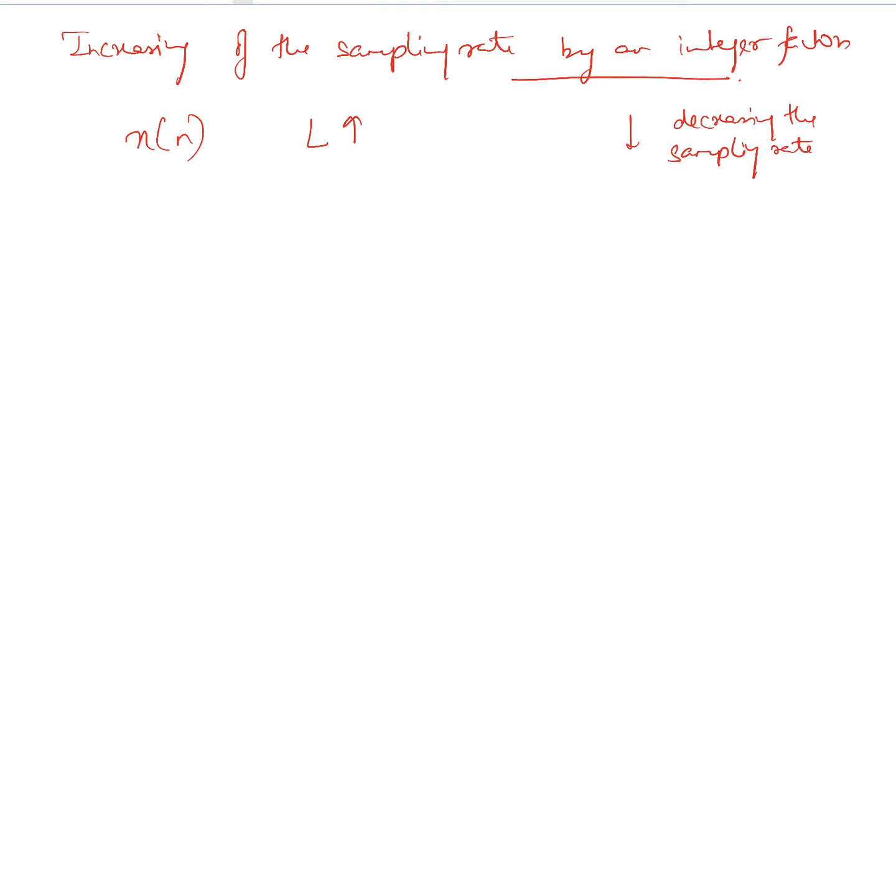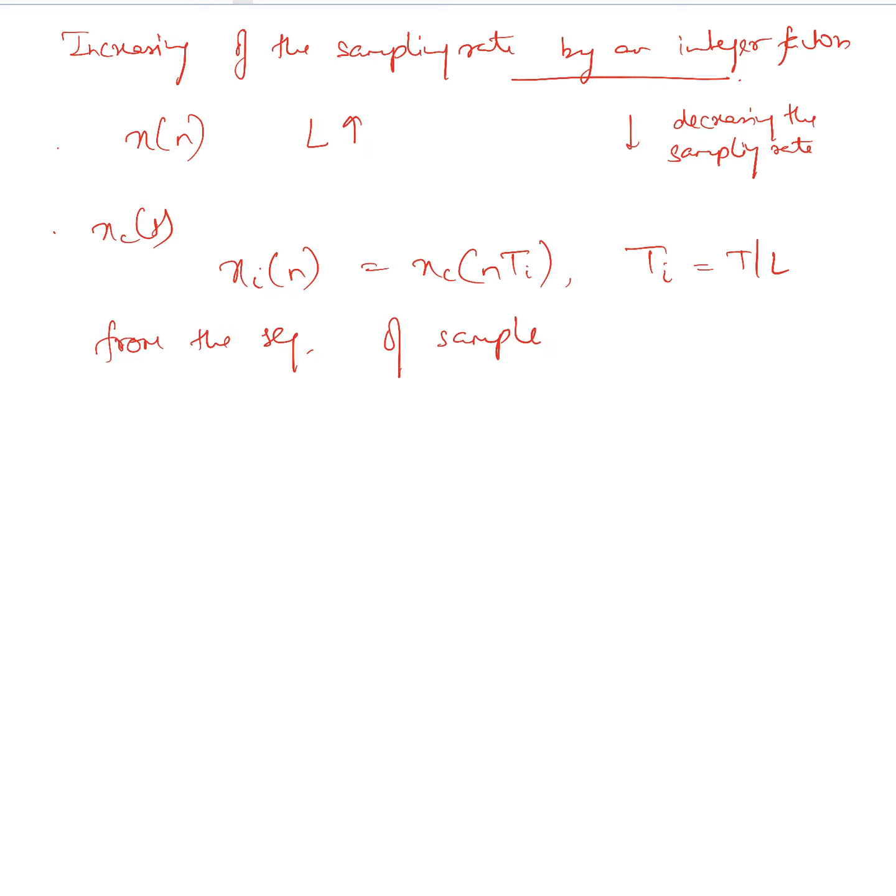If we consider the underlying continuous time signal, let's say xc of t, the objective is to obtain samples, defined as xi of n, I for increasing the sampling rate, where xi of n is equal to xc at n Ti, where Ti is now T by L, because we want to increase the sample rate of the signal, from the sequence of samples x of n equal to xc of nT.